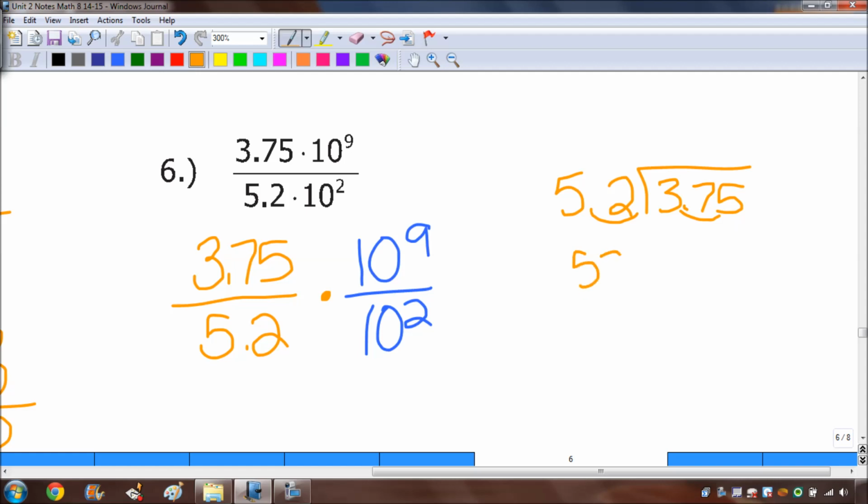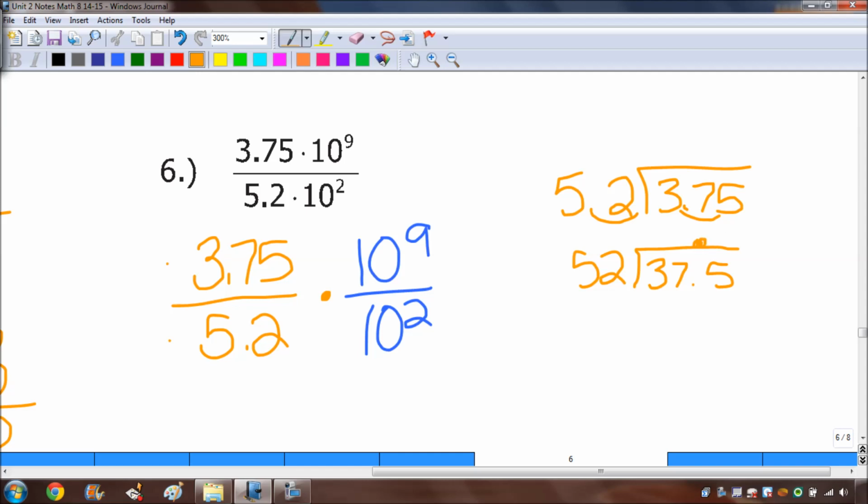So this becomes 52 into 37.5, because really I'm just multiplying the numerator by 10 and the denominator by 10. I'm not changing the fraction at all. I'm just rewriting it so that it's easier for me to do the division, okay? And the decimal place has to go where it was in the problem here.